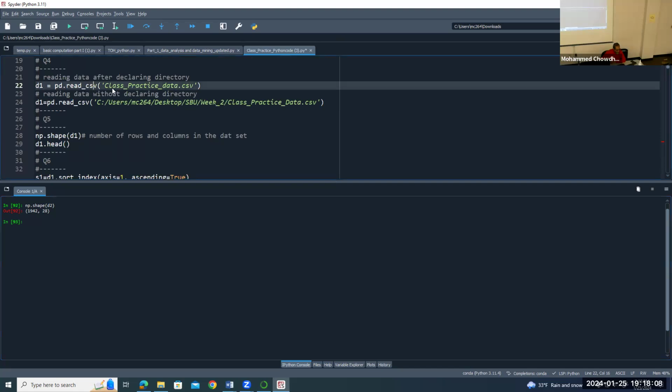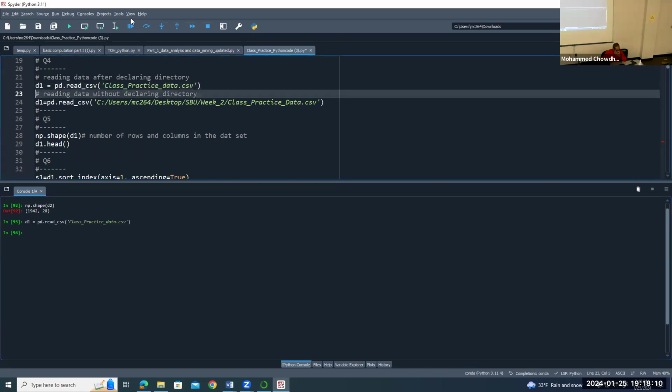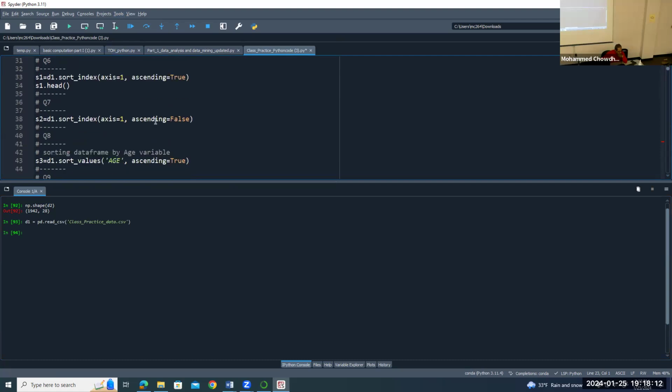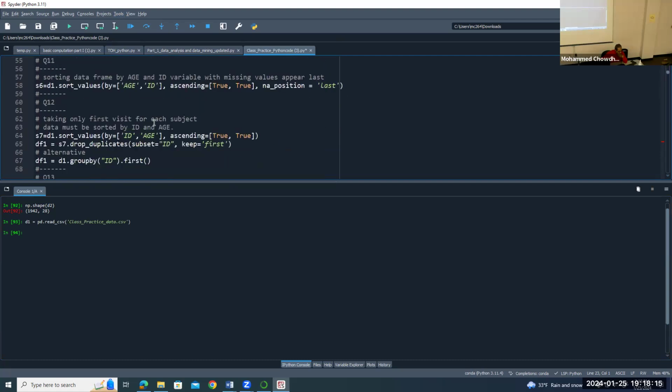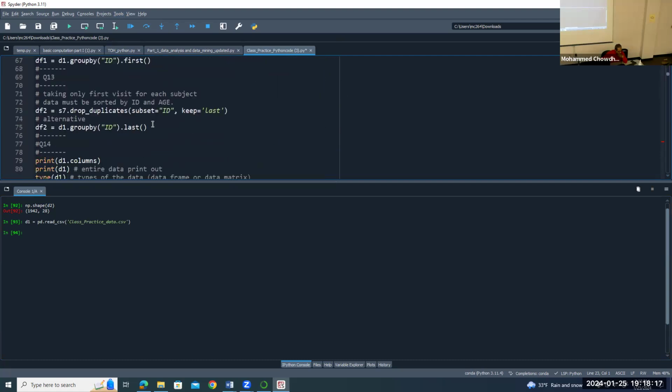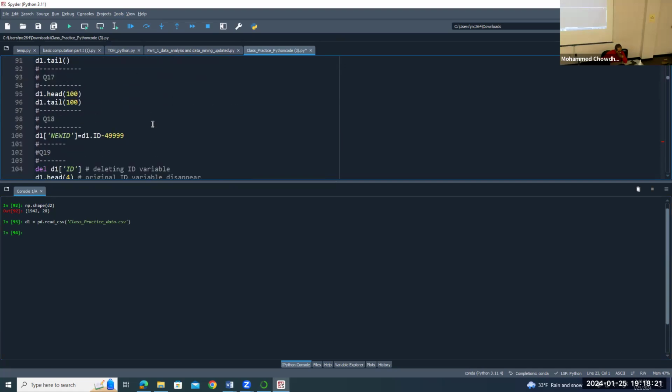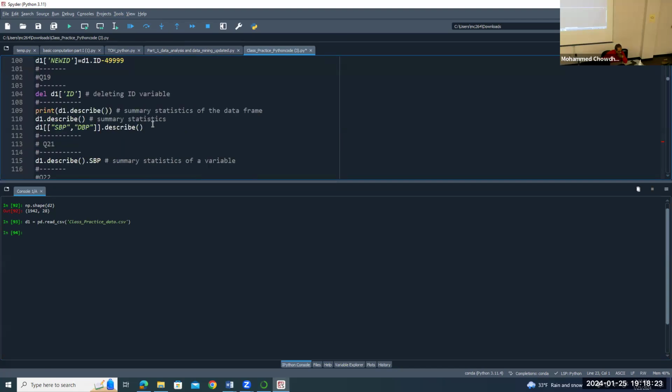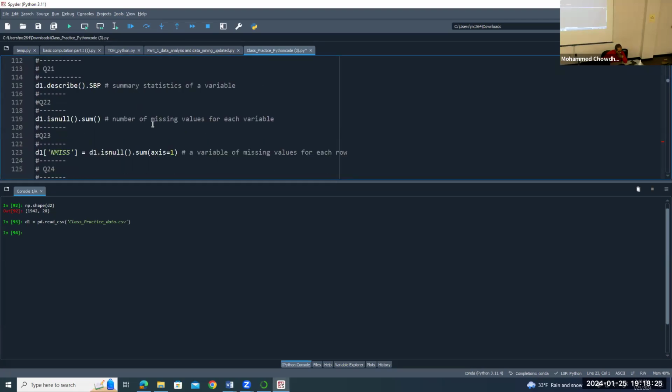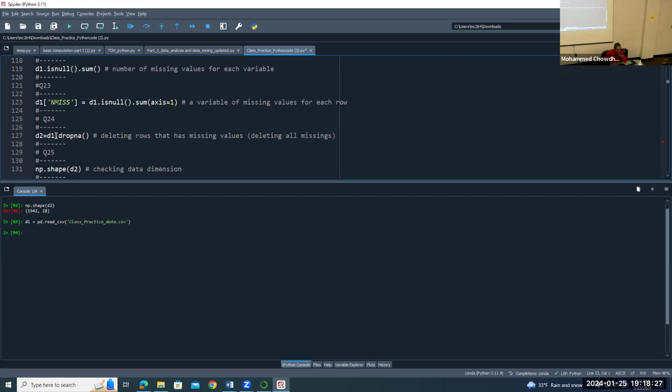Here is my D1 data. After D1 data, I have to come to question number 12, right? Question number 24.